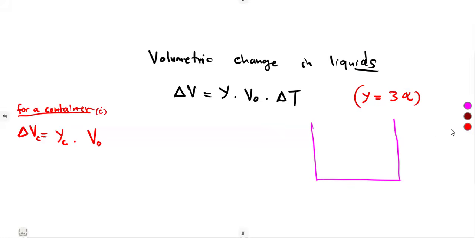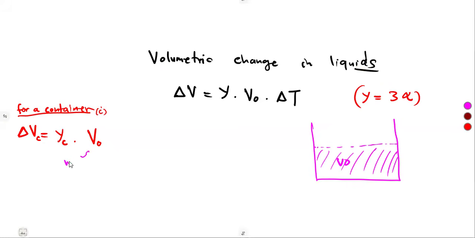This original volume that we are talking about, it is of the liquid inside the container. It is the volume of liquid inside the container. That is the one that we are talking about. So we must be very careful. There is a liquid that is inside what? Container. Its volume. That is the one that we are talking about here.